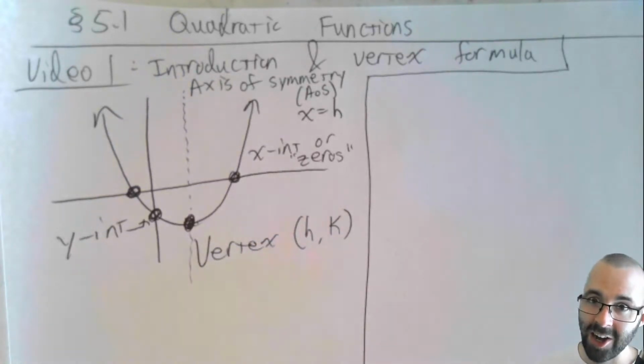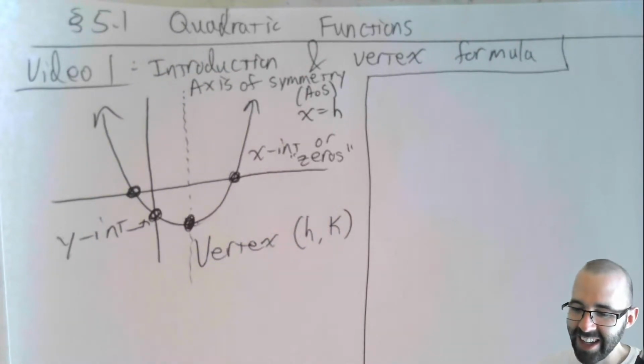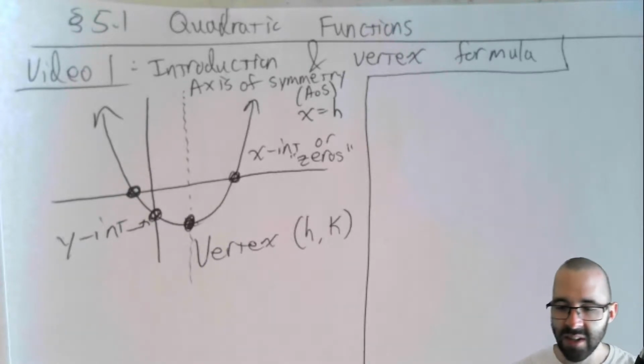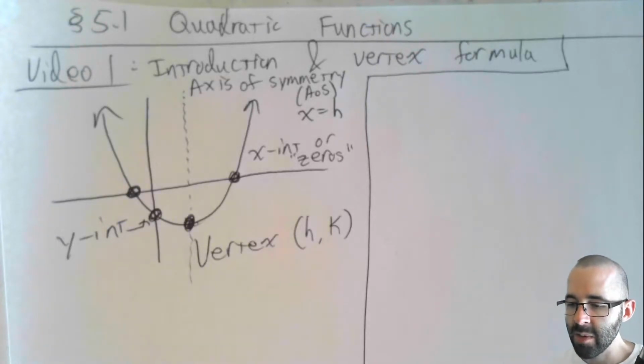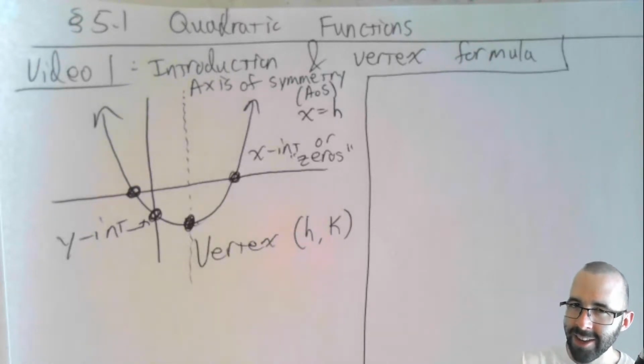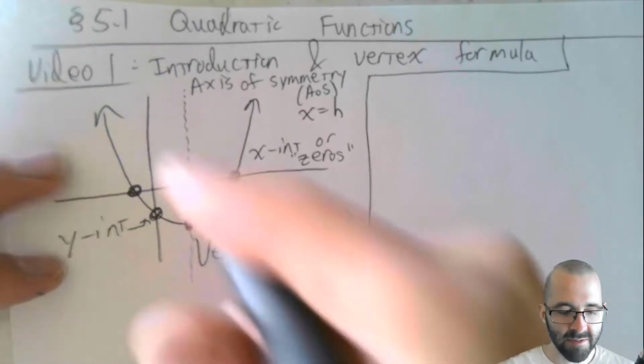Emphasis on online. So this is sort of what we're going to start with. We're going to look at some graphs, find the vertex, axis of symmetry, the zeros, the y-intercept, and talk about it. And I want you to look for a pattern. You do example 1. Look for a pattern for the vertex.